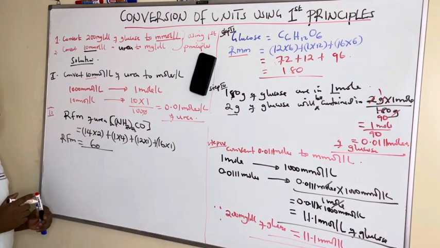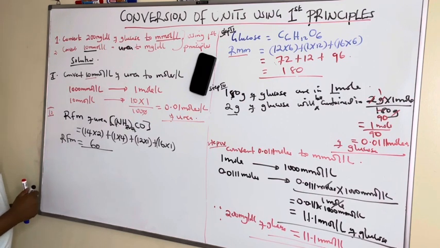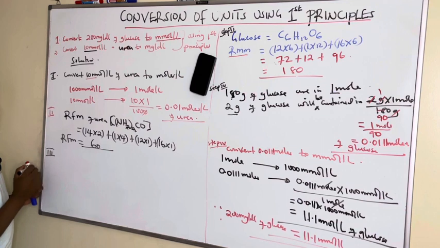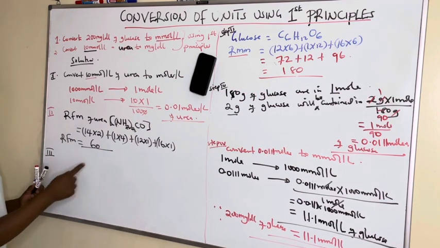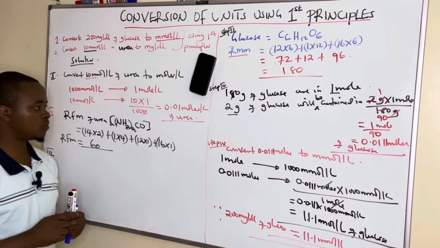And after getting this relative formula mass or relative molecular mass of urea, the next step, which is step number 3, is that these ones are contained in 1 mole.